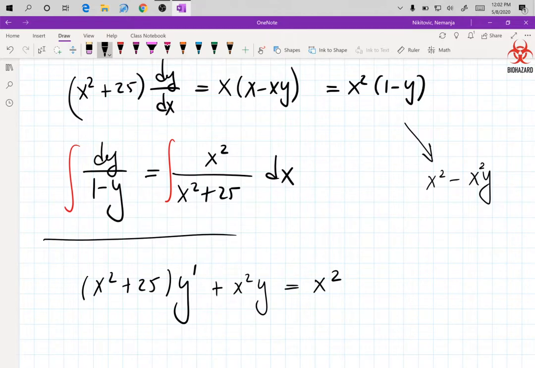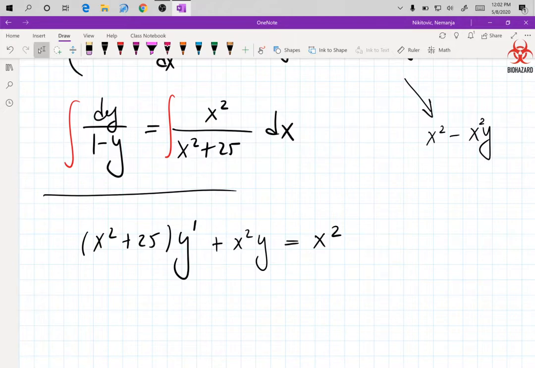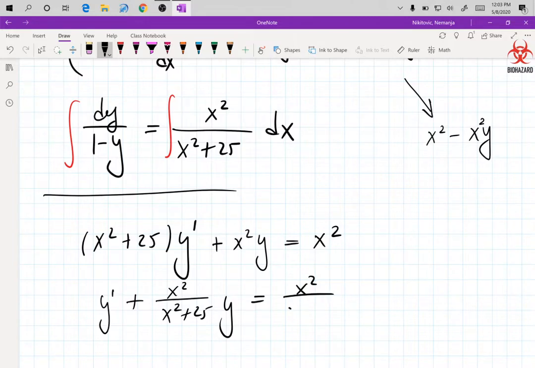So y prime, remember you have to have nothing here, right, in order for integrating factor to work. Plus you get your x squared over x squared plus 25 y equals x squared over x squared plus 25. Remember, you cannot make x squared plus 25 be a 0. So you have your integrating factor equation set.